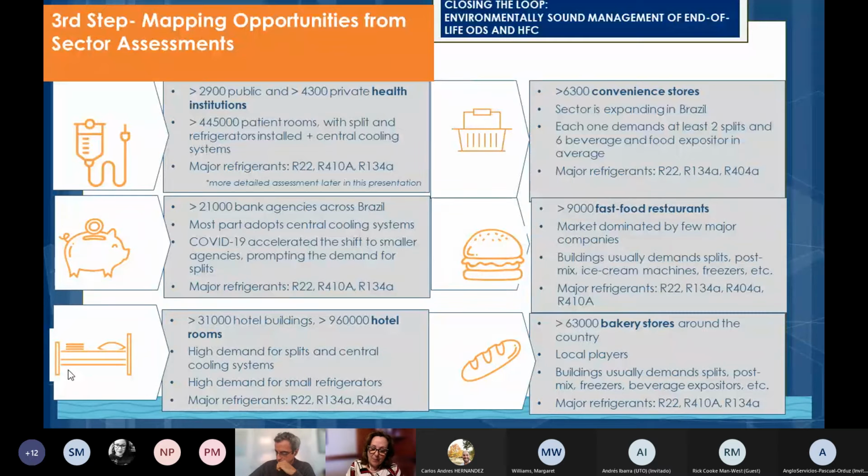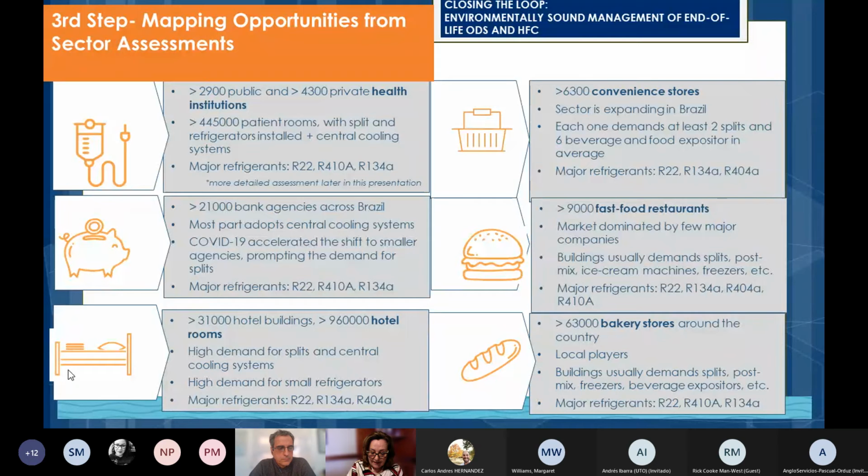The third step was the mapping of the opportunities from the sector assessments. So looking at the health sector on top left, we found that Brazil has over 2,900 public and 4,300 private health institutions with 445,000 patient rooms with split units and refrigerators installed and central cooling units using R22, R410A, and R134A.